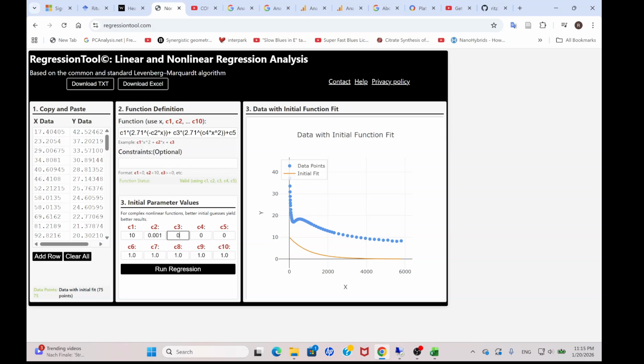Okay, maybe C3. C3 brings it closer. Maybe I will go for a value of 5 or something. Maybe 6. Who knows? Yeah. C4. C4 is in the exponent, so it will be very sensitive. We have to be careful with this one. So 1. Okay, see, it completely blows off. 10.